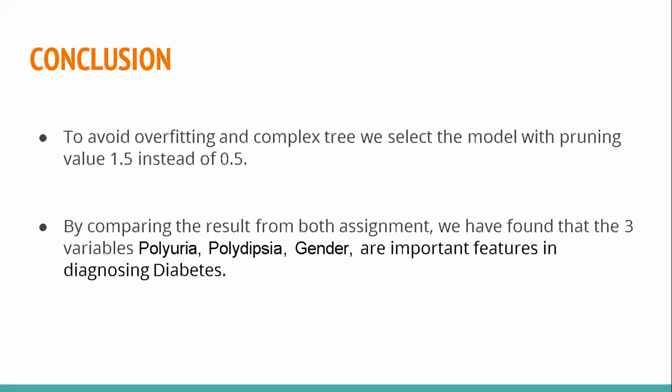And from the classification tree, we have found that the 3 variables, which are polyuria, polydipsia, and gender, are important features in diagnosing diabetes. This is consistent with our results from the first assignment, using chi-square and PCA.